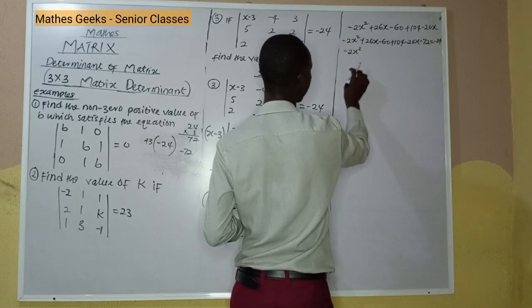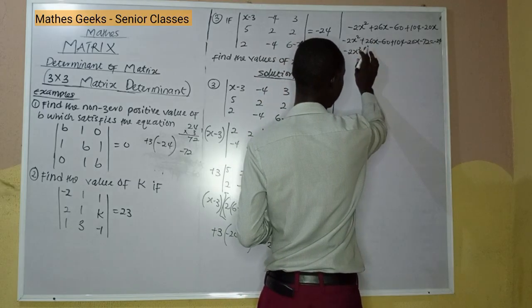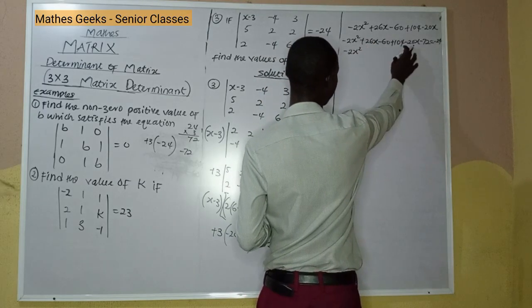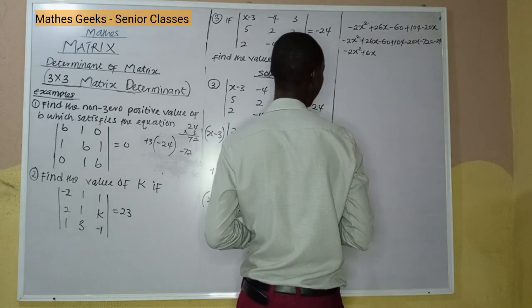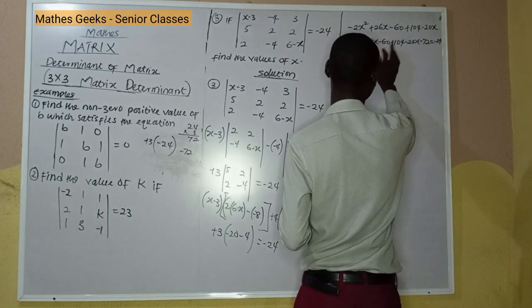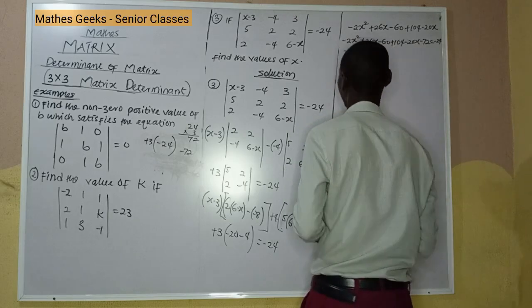Minus 2x squared, plus 26x minus 20x will give us plus 6x. Minus 60 plus 104 minus 72.